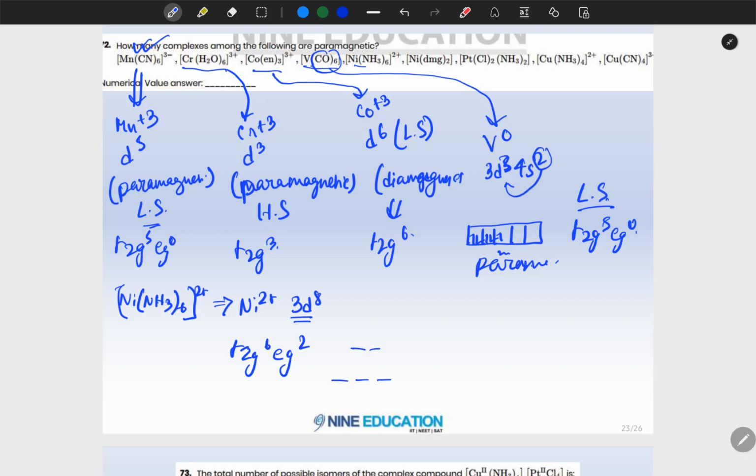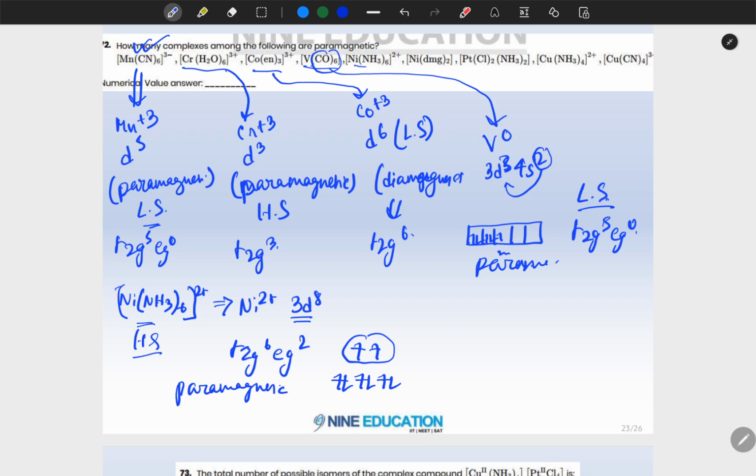So in this way we can arrange the electrons: 1 2 3 4 5 6 7 8. Since two unpaired electrons are present over here, [Ni(NH3)6]2+ is also paramagnetic, and overall this will be a high spin complex.